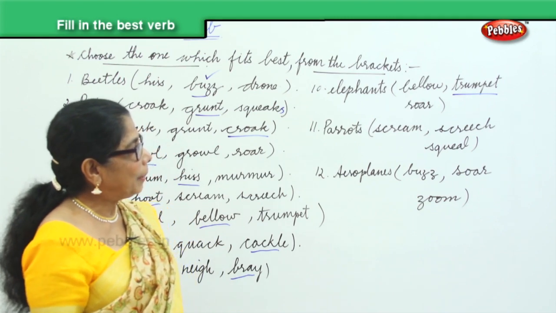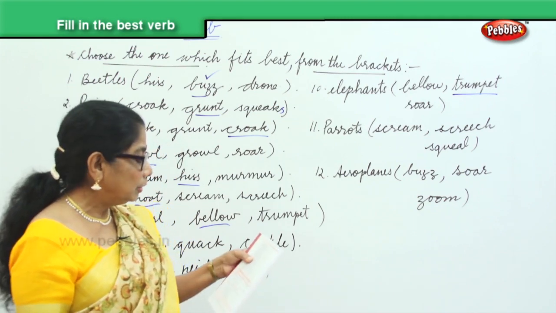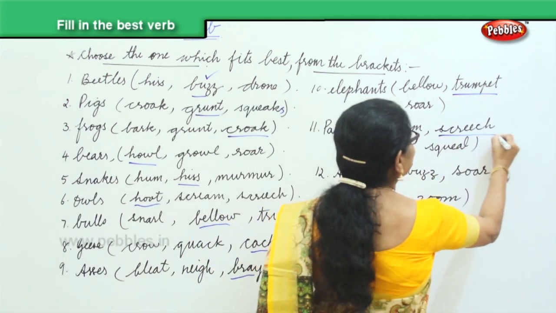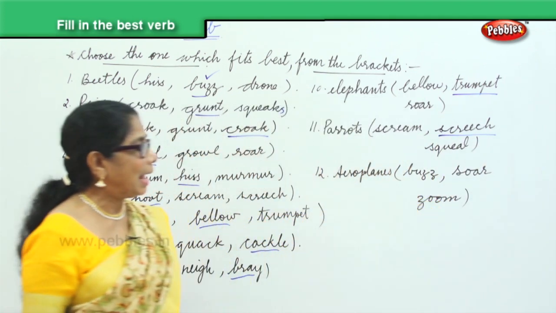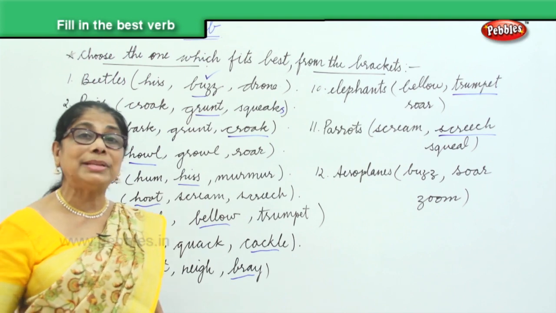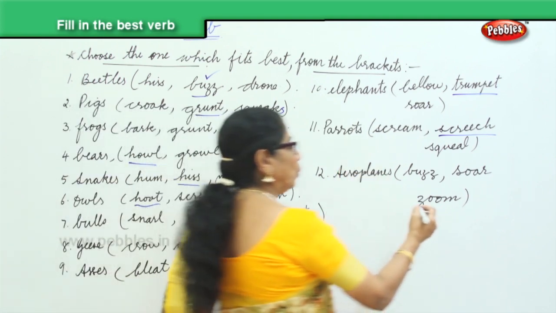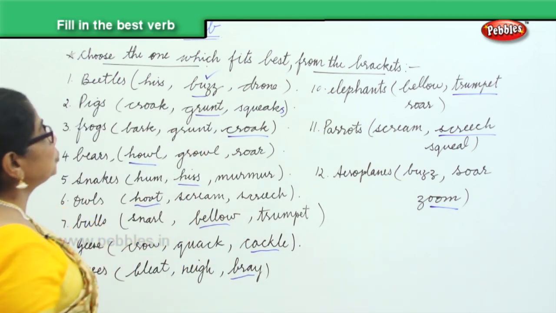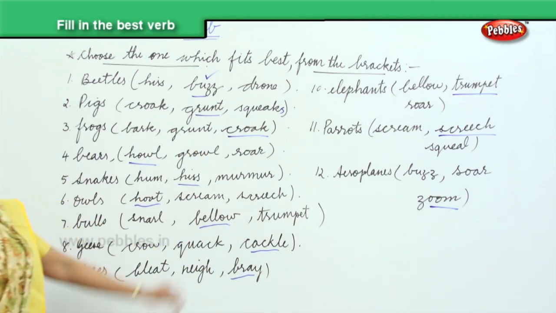And parrots, what do the parrots do? The parrots normally screech. Did you hear the screeching of the parrot? They will say an airplane zooms in the sky. Zoom, it will go. So, we have 3 verbs to choose from and we have chosen correctly.